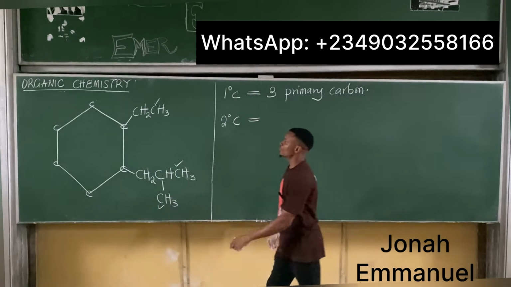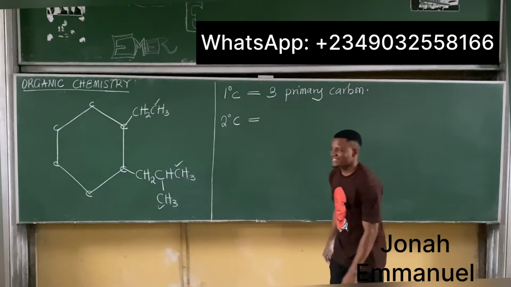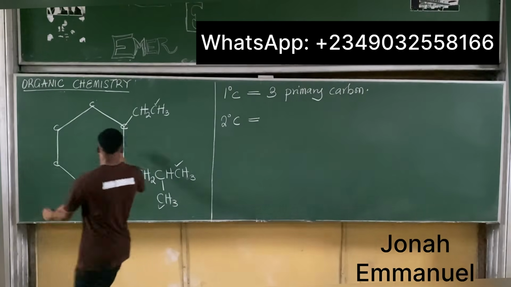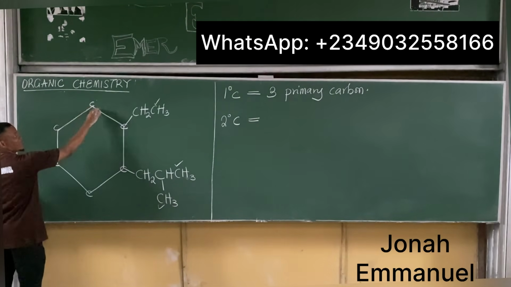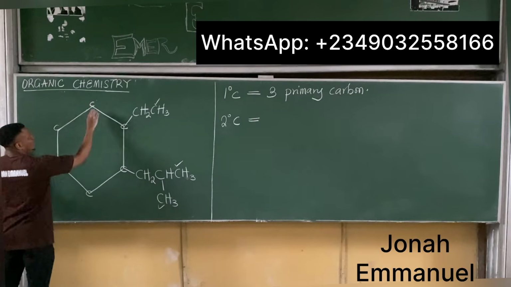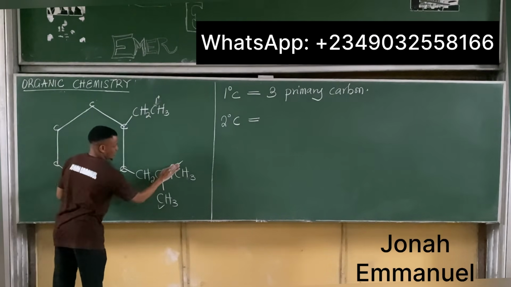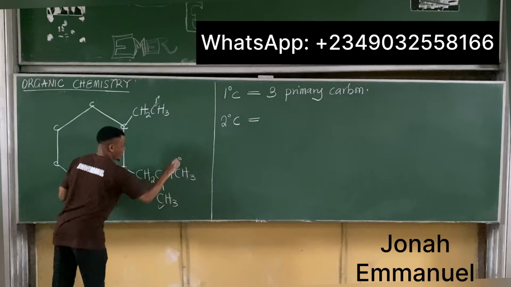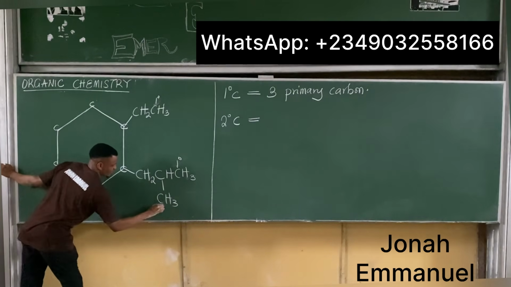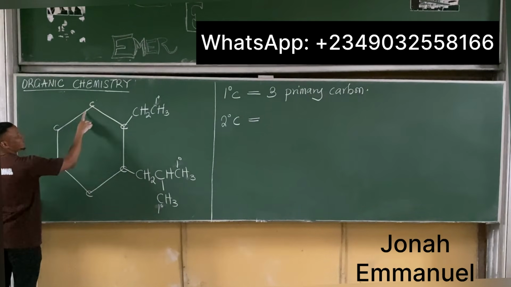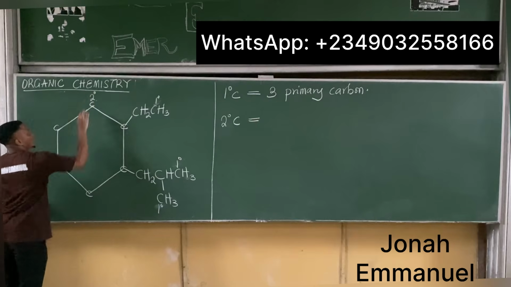For secondary carbon, look at those carbons that have 2 attachments. One of them will be this one here. This one has 2 attachments. Let me call this one here primary. Let me call this one here primary. This one has 2 attachments, this and this. This is secondary carbon.